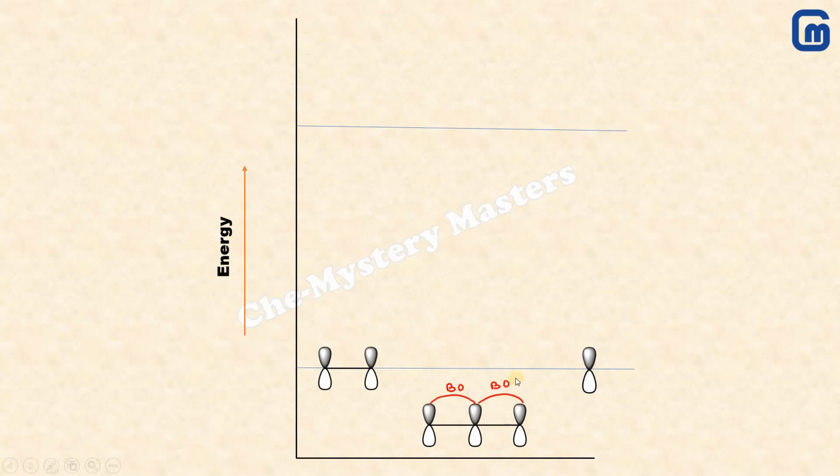Another way by which they can be combined is that these two orbitals of ethene are present on the same side, but the orbital of the cation, anion or radical is arranged in the opposite direction like this. When this happens, you can see one of the overlaps is constructive, that is bonding type, and the other is of anti-bonding type, or you can say destructive overlap.